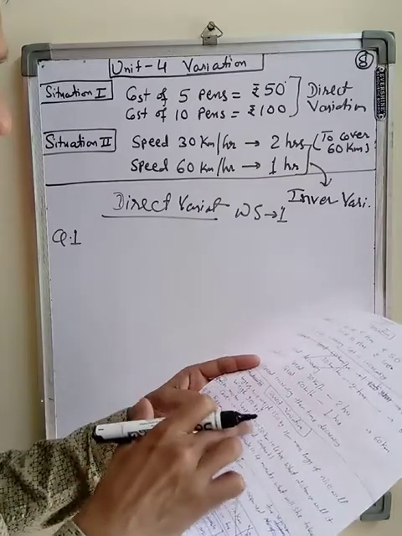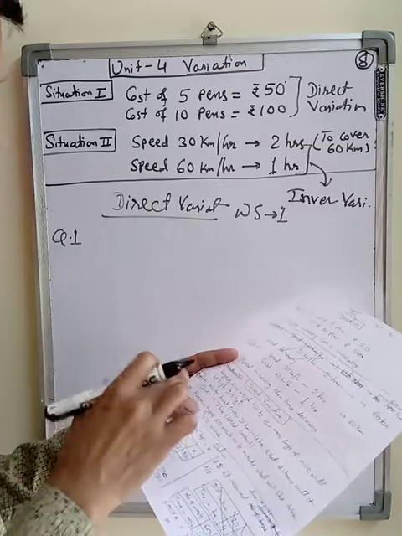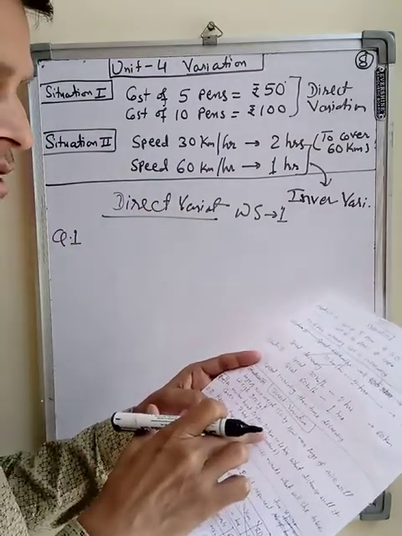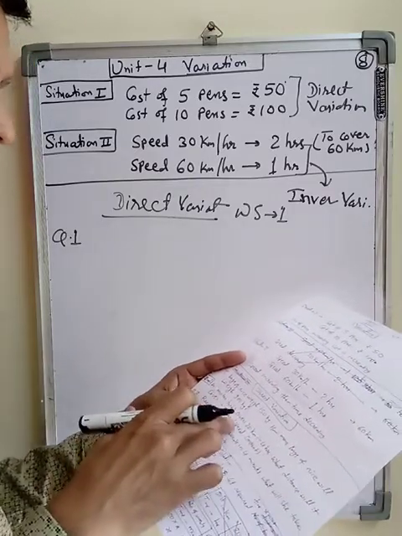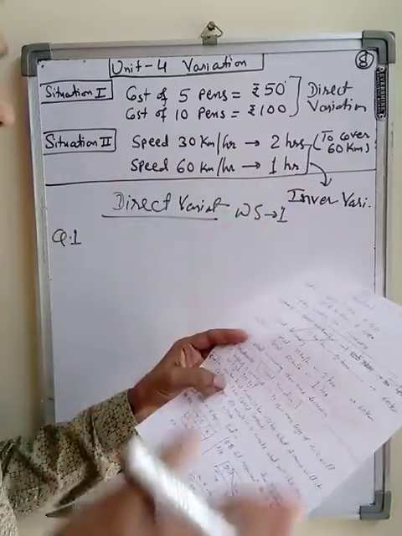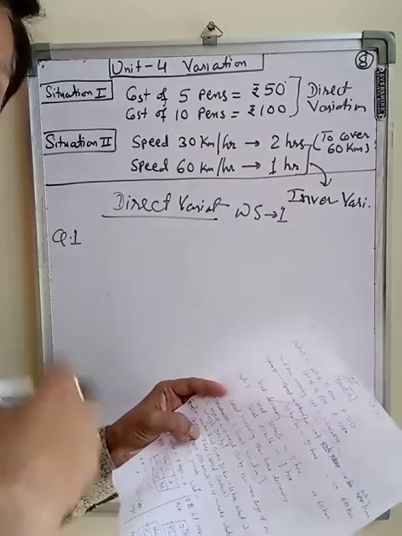Question number 2 of this worksheet. A motor boat covers 20 km in 4 hours. What distance will it cover in 7 hours? For more distance you need more time.